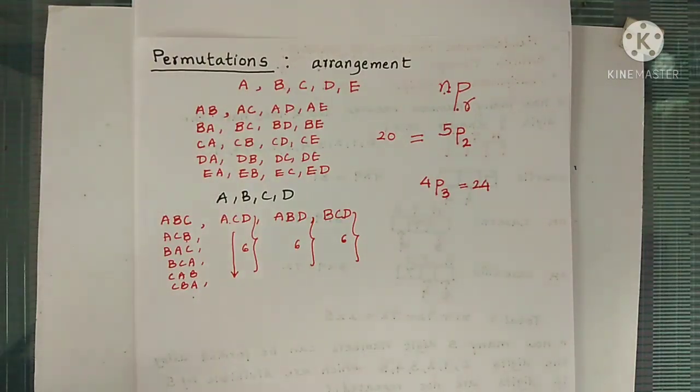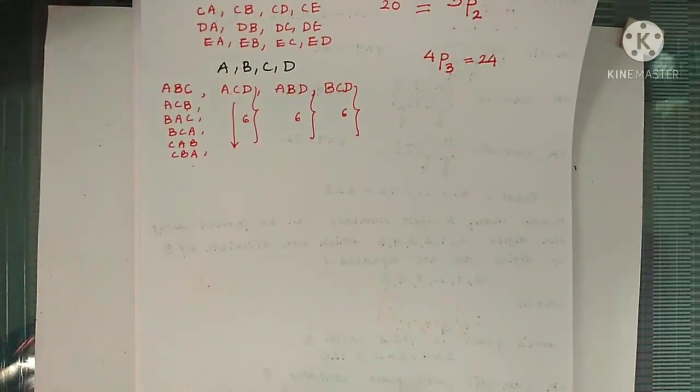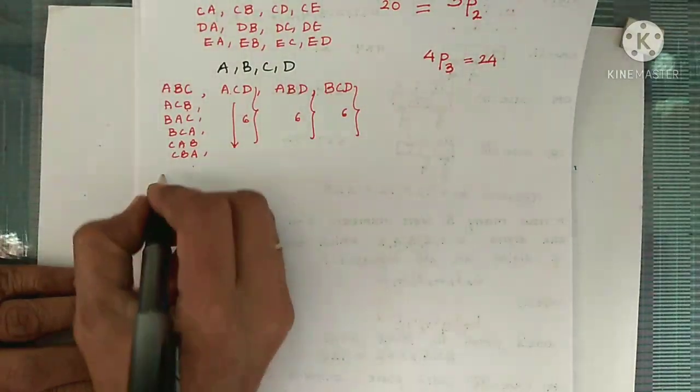But every time writing like this and calculating is really very difficult. So we want to find a formula for nPr. But let's first write what nPr is and then find the formula for it.